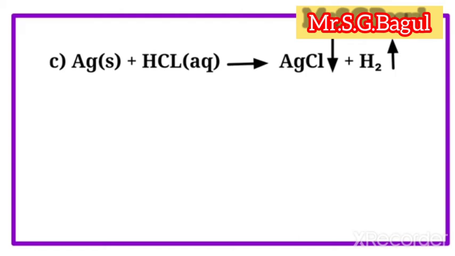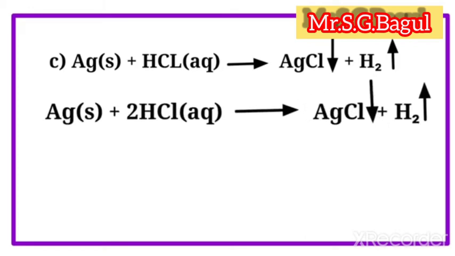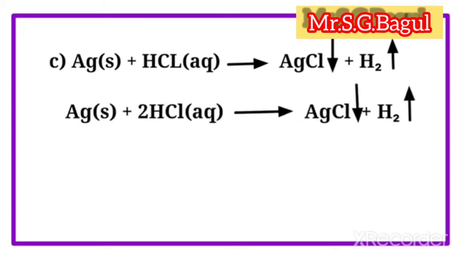Equalize the number of atoms of remaining elements in the reactants and products. Now here are three compounds which have same number of atoms. Therefore, any one of them we select. Select HCl and balance H atoms. Apply a factor 2 to the reactant HCl. We will get this reaction.